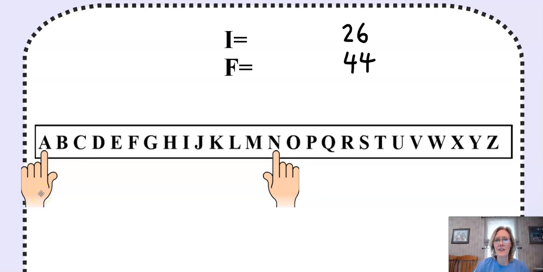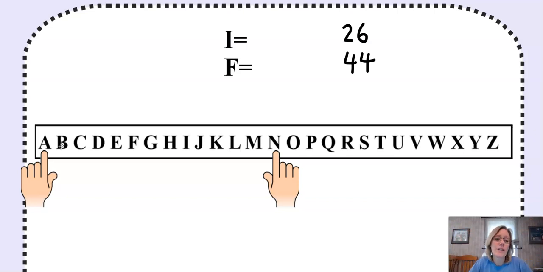Now, we're going to go ahead and say the alphabet, but we're going to do something a little differently today. We're going to say the alphabet, but on every other letter, we're going to put an accent. And let's remind ourselves of what an accent is. An accent is when we say a part of a word, and we say that part of the word louder, longer, and stronger.